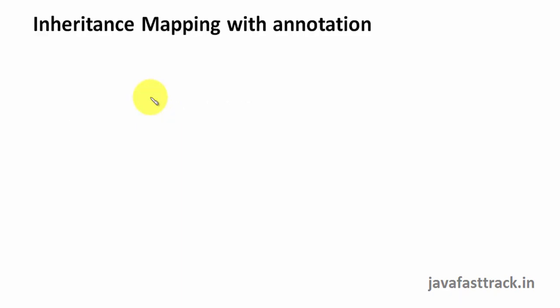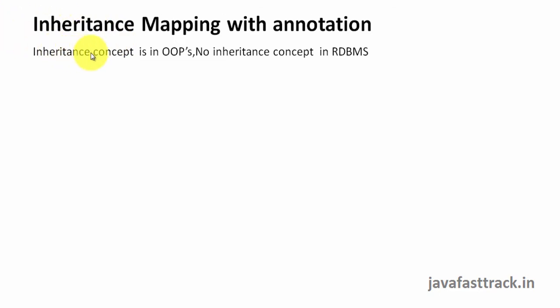Inheritance mapping with annotation. We know the concept of inheritance in Java. Inheritance is a concept in which the child class inherits the properties of the superclass. Inheritance is a concept in OOPS. There is no inheritance concept in RDBMS.